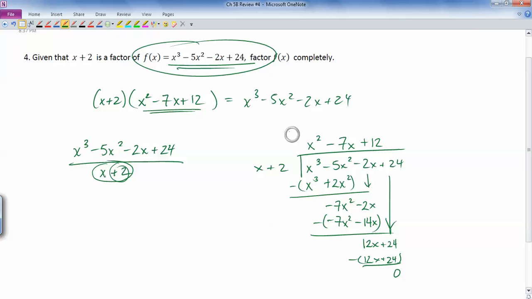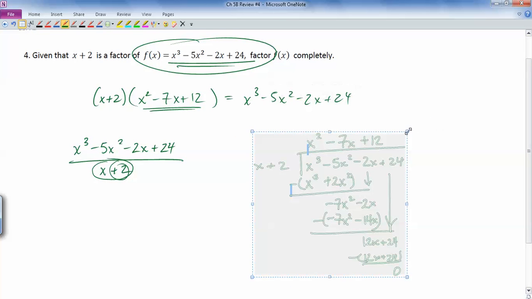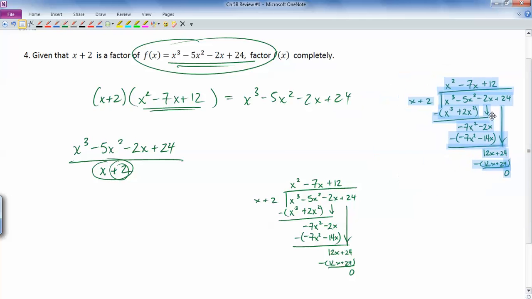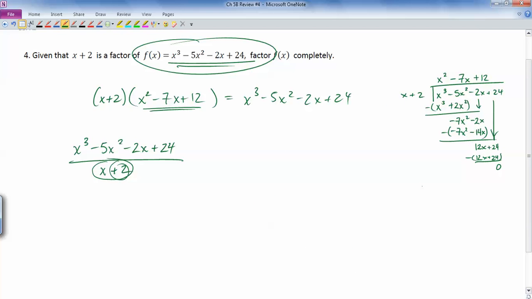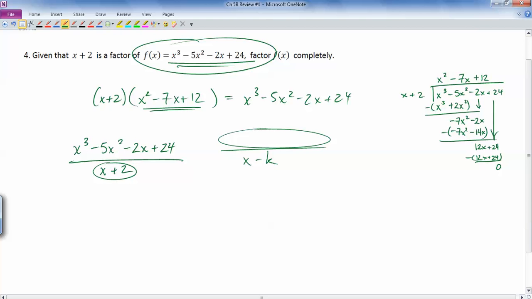But let's say you hate long division. You're going to need to know how to do it anyway for the test. But let's say you didn't want to do long division if you could help it. In that case, you can do synthetic division because it's in the form x minus k, which is what most textbooks use. So if you're dividing by x minus k, you take the top thing and do synthetic division.